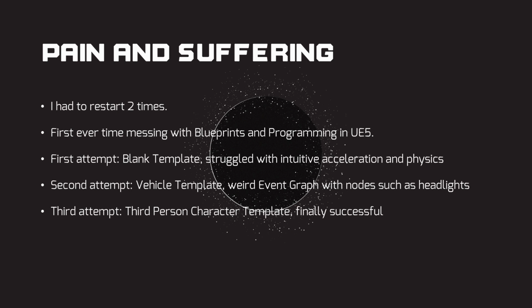And the worst part about the vehicle character class is it was presenting me with nodes such as let's turn on the headlights or the front lights, let's increase the suspension in the tires, and stuff that is related to Earth vehicles like cars, vans, trucks.